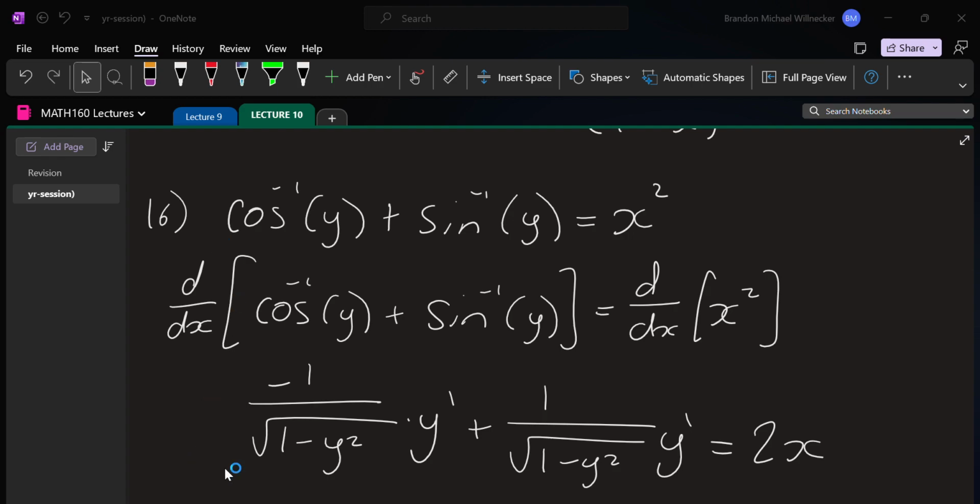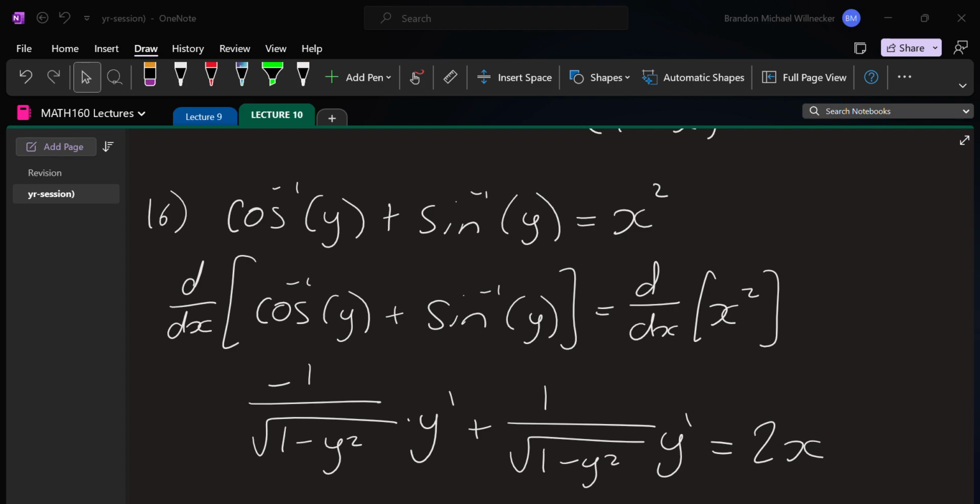So here we had cos inverse, or you can write it as arc cos of y plus arc sine of y equals x squared. So we end up with something like this. That's what the curve looks like. It's actually two sets of curves.